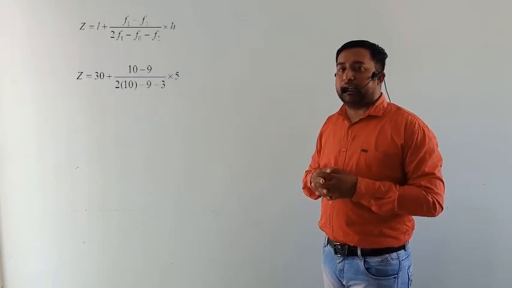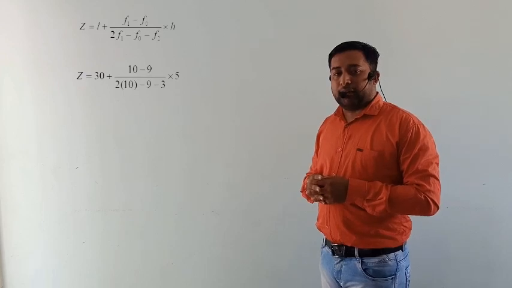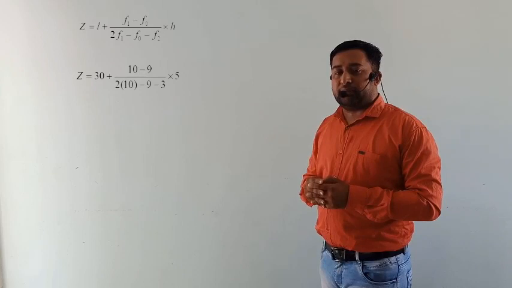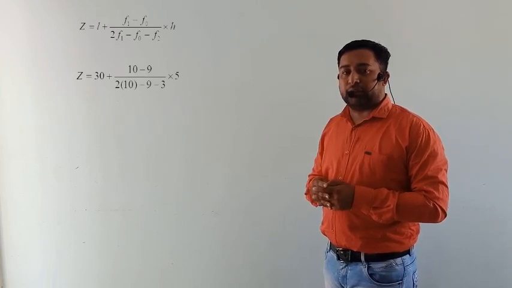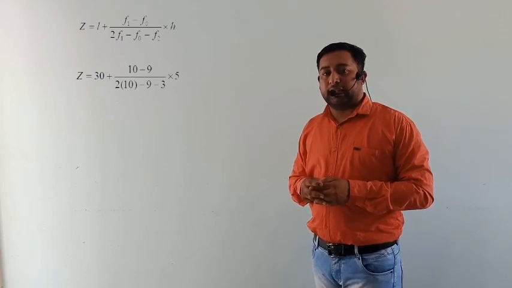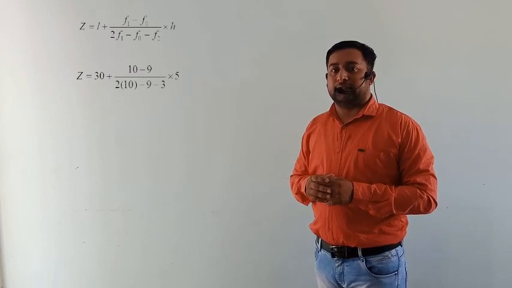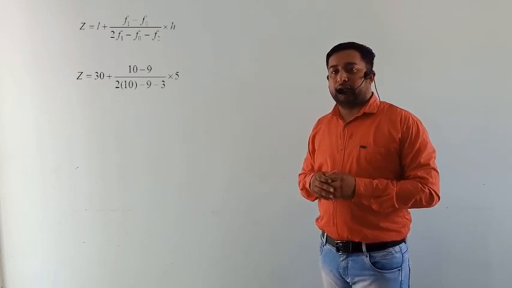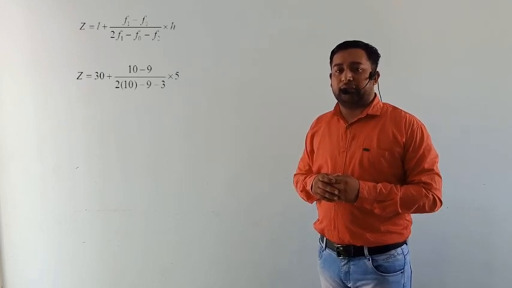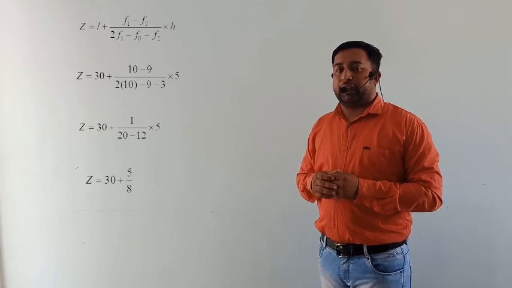Substituting all this data in my formula, Z is equal to L plus F1 minus F0 upon 2F1 minus F0 minus F2, into H. My L was 30, F1 is 10, F0 is 9. So in the numerator 10 minus 9, in the denominator 2F1 minus F0 minus F2, so 2 multiplied by 10 minus 9 minus 3, into H 5.